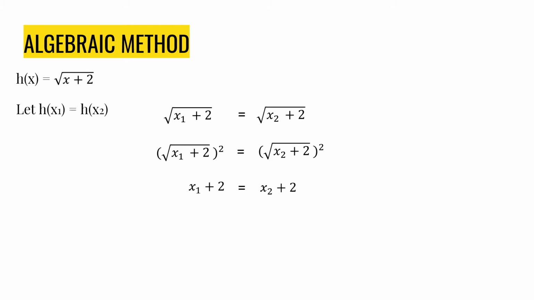After that, the 2 on the left hand side and the 2 on the right hand side can simplify, and we can get x1 equal to x2. From these equations, we can conclude that this function is a one-to-one function.